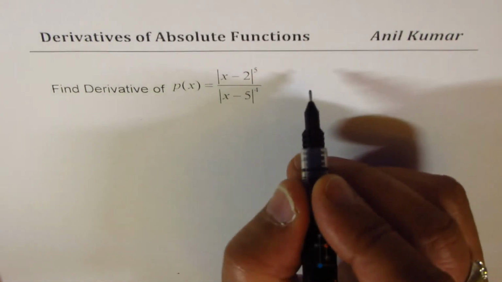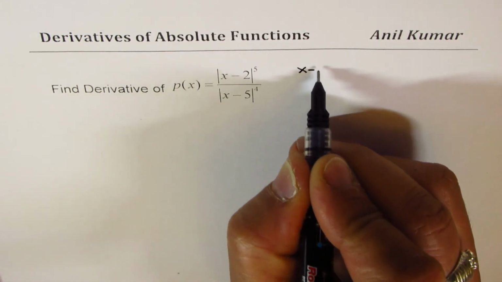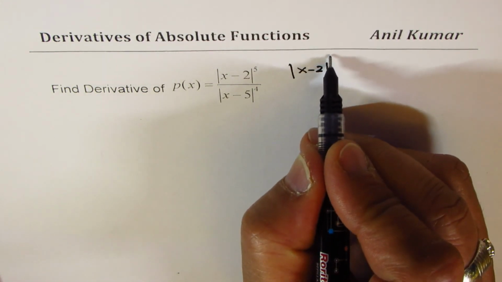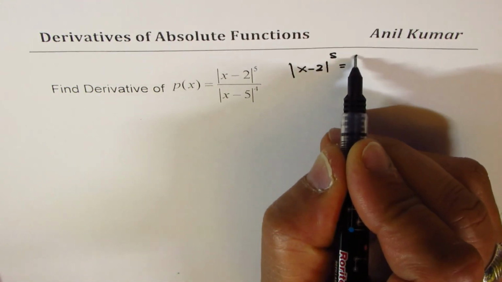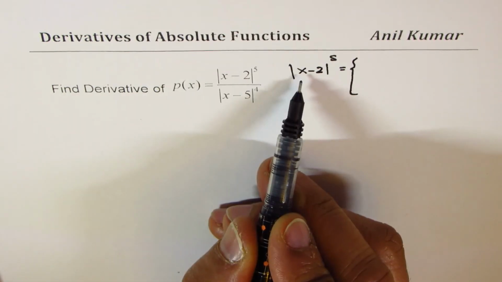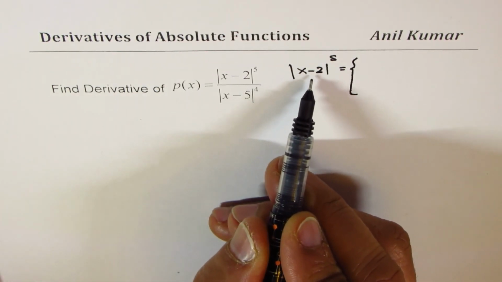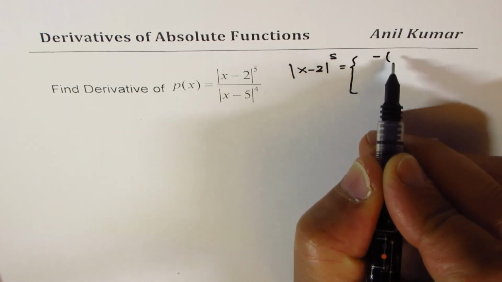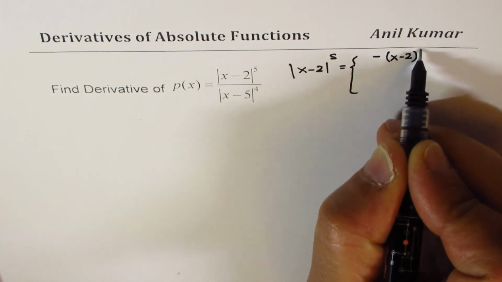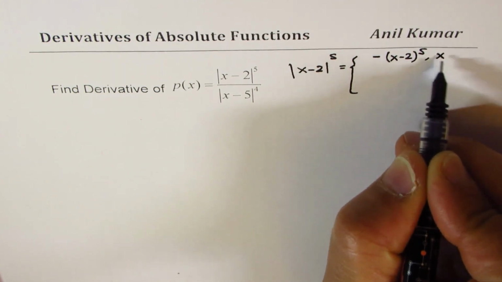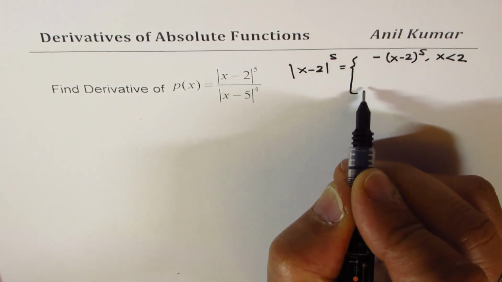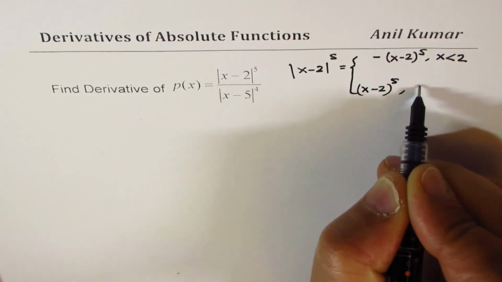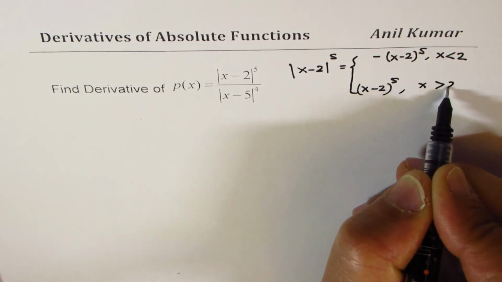So what we can do here is that we could write absolute value of x minus 2 to the power of 5 as equal to minus of x minus 2 to the power of 5 when x is less than 2, or x minus 2 to the power of 5 when x is greater than 2, right?